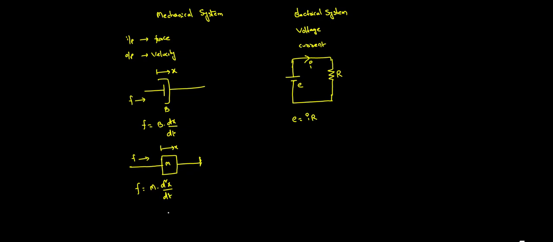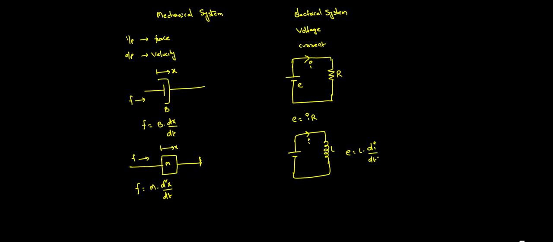It is something of di by dt form. Where does the di by dt form come from? It is in the inductance. So again the voltage source followed by an inductor L. The current is again I, and the voltage drop across it we can call E is equal to L into di by dt.